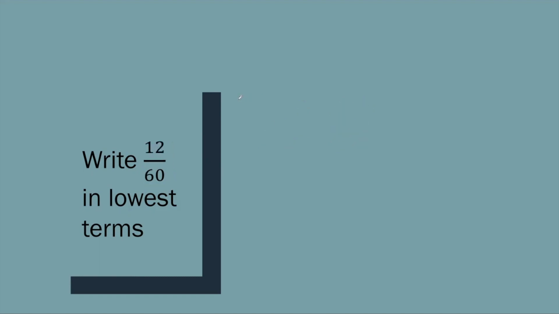And then 12 over 60, so these are two big numbers. We're going to want to find the greatest common factor. So we have 1 goes into 12, 2 goes into 12, 3, 4 go into 12, 6 goes into 12, and then 12 goes into 12.